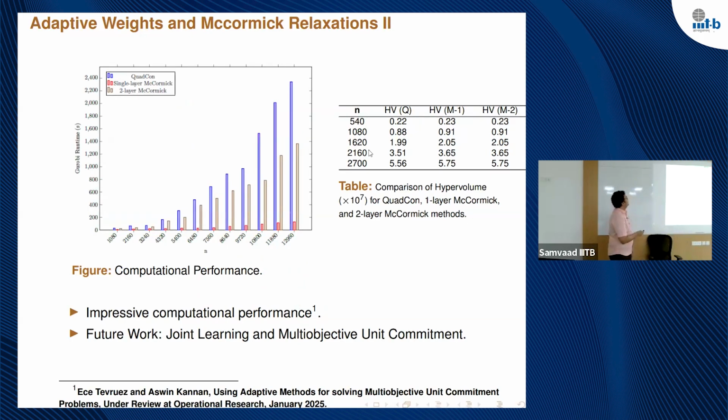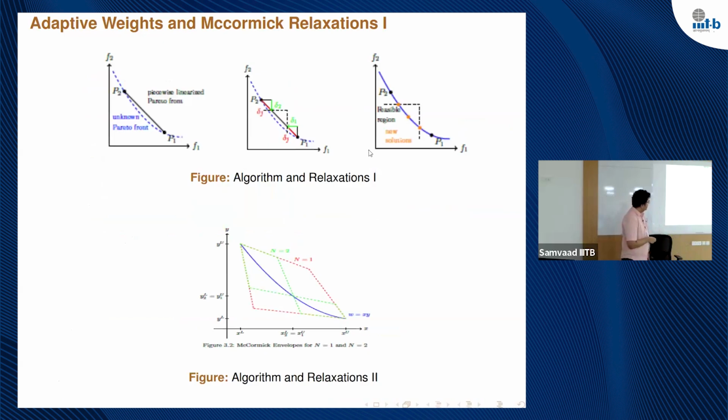So what we observed was, in this case, you see there are three different things. One is your traditional solver quadcon, which is your Gurobi if you've used it for integer optimizations. And the single-layer and two-layer McCormick, what I had just shown here. One is this single layer, and this is the two-layer McCormick.